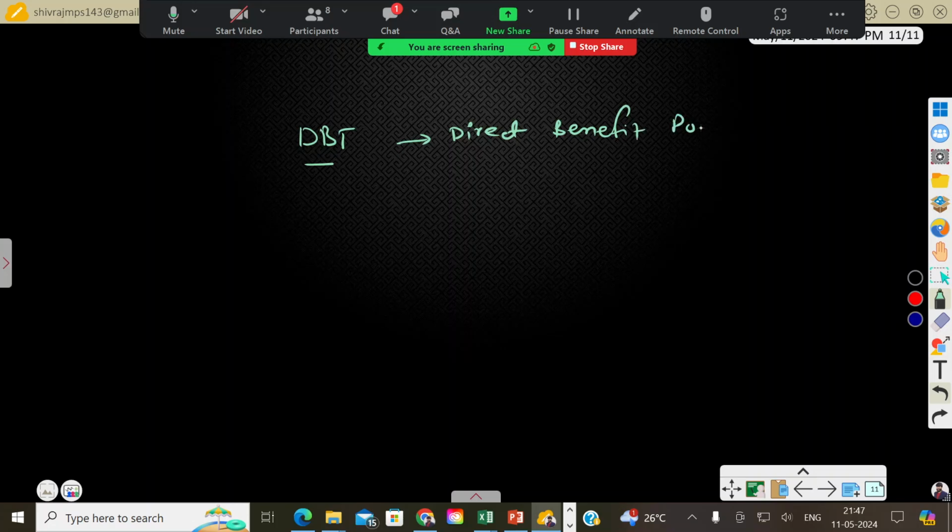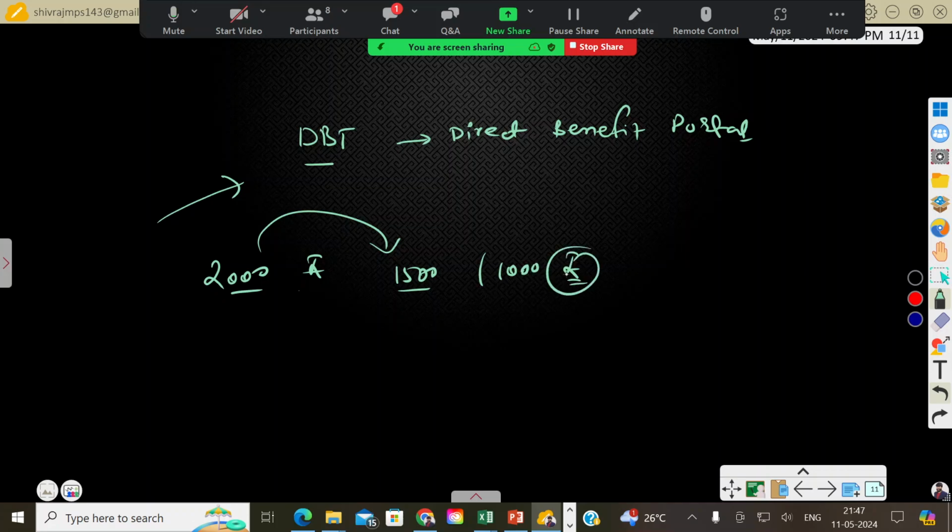I have seen that exercise where agents or middlemen or brokers used to withdraw the payments from the bank directly through a slip, and if someone withdrew 2000 rupees from the bank, they used to hand over only 1500 or 1000 to the actual beneficiary. That is how scandals happened in history.